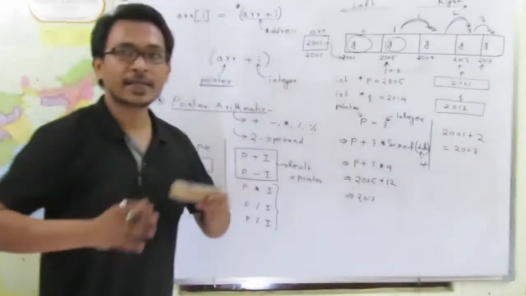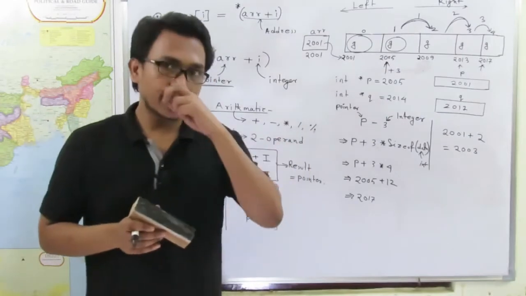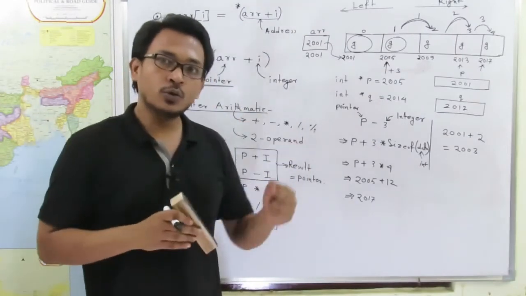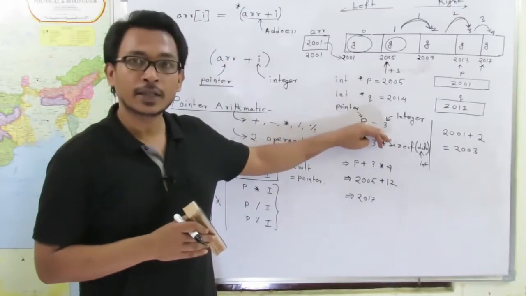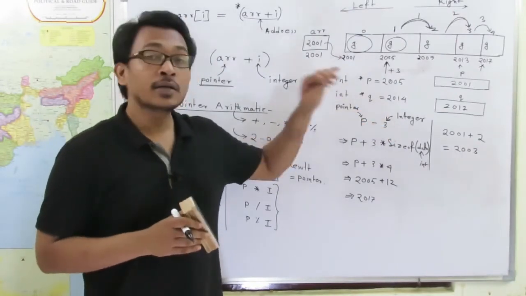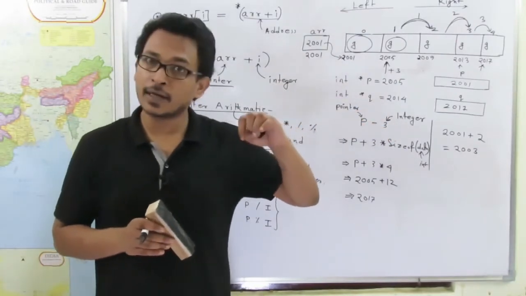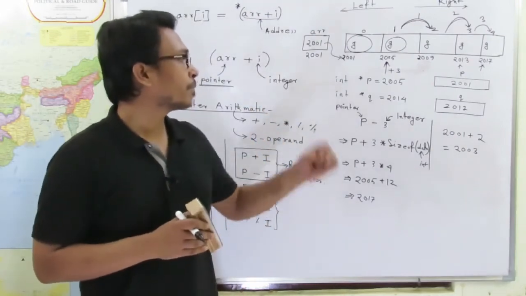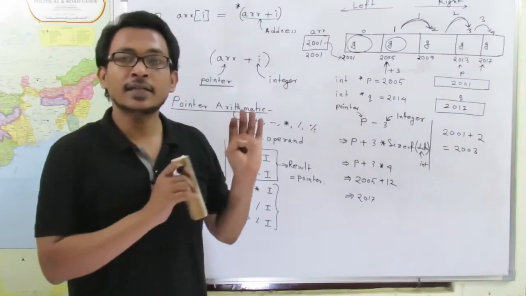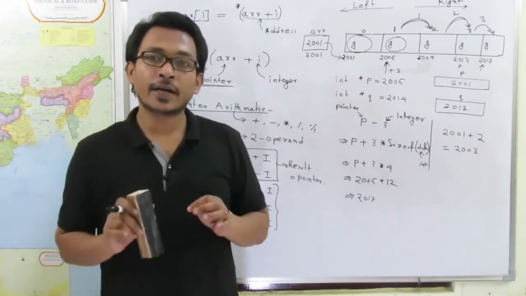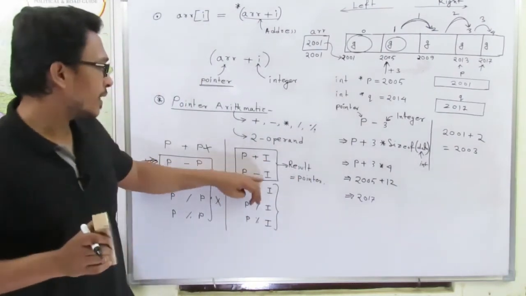From the starting base address, whatever address is given, from that particular address we will move towards left in case of pointer subtraction. Clear? And in case of addition we move towards right. That is the scenario of pointer arithmetic when one operand is an integer. Clear? Now let's do it.